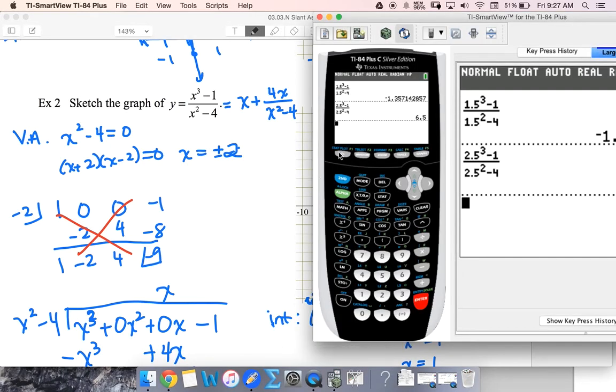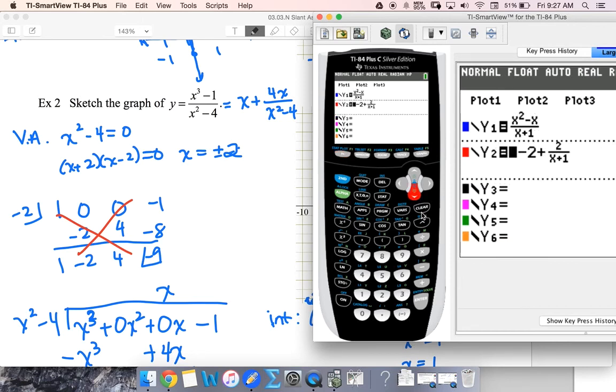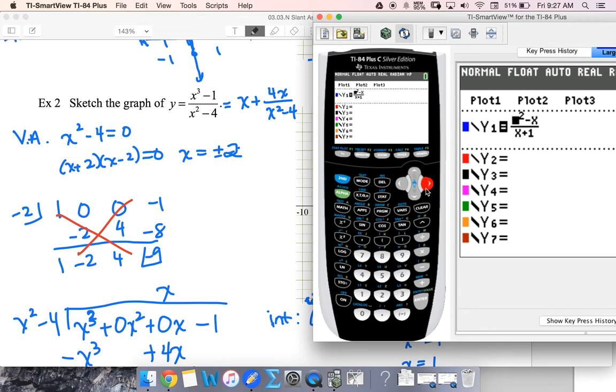And again, I could check that with my technology. Let's go down and clear this one out. Up top, we had x cubed minus 1 over x squared minus 4.